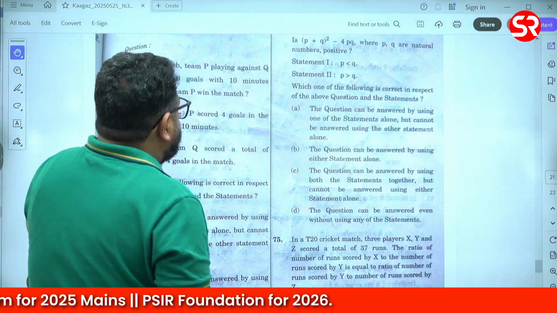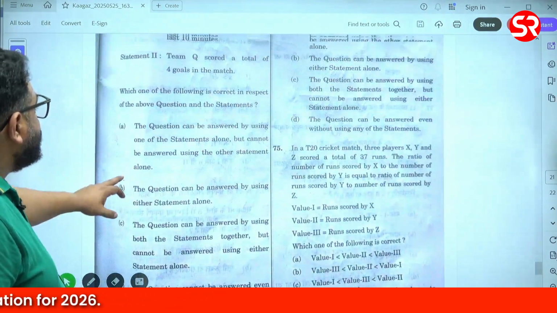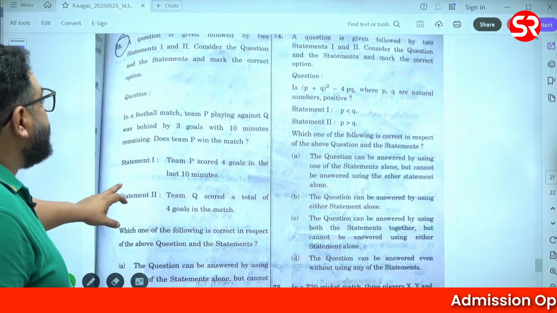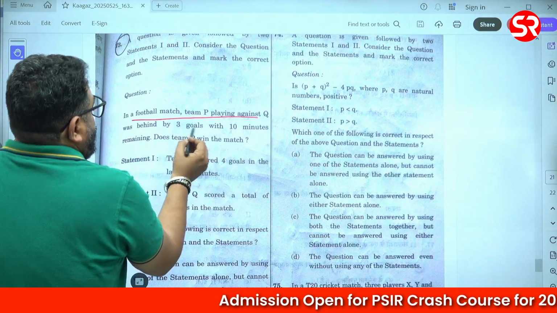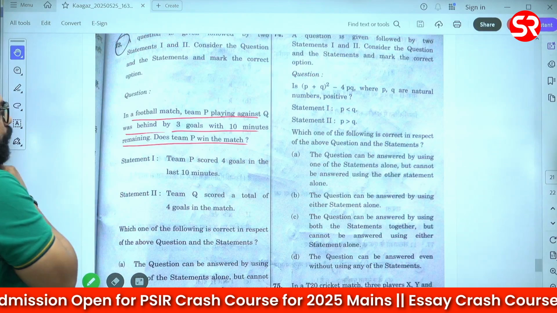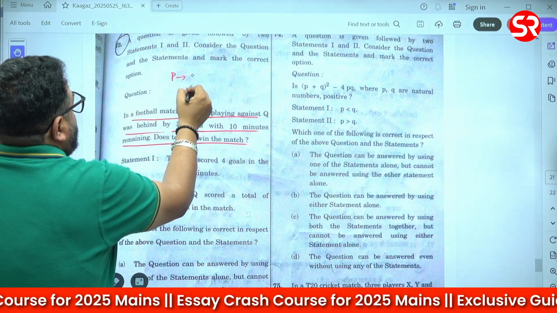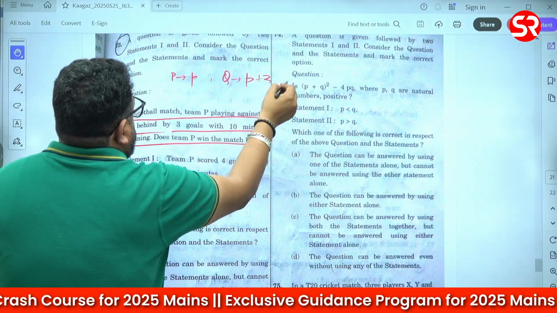Next again, 73. It says, in a football match, Team P plays against Q and was behind 3 goals with 10 minutes to go. Behind 3 goals, right? So P ने score किए हैं p goals, so Q ने p plus 3 goals, right?